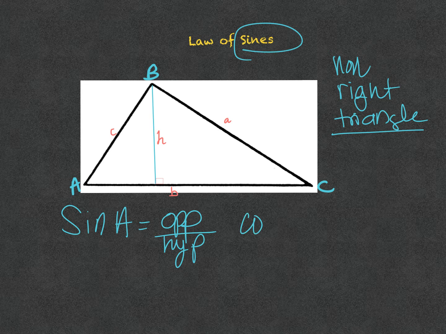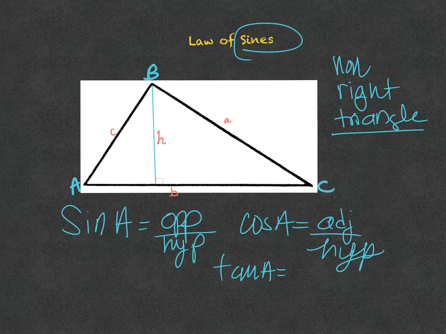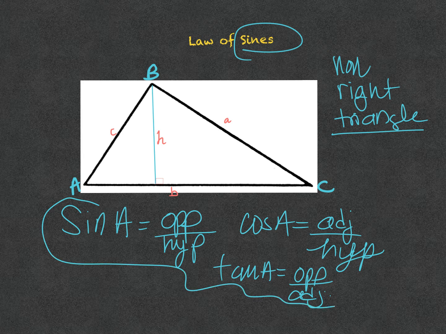You have your cosine of angle A, which is your adjacent side over your hypotenuse. And your tangent of angle A is going to be your opposite over your adjacent side, okay? So these are the three very basic trigonometric functions, but these three work with right angles.